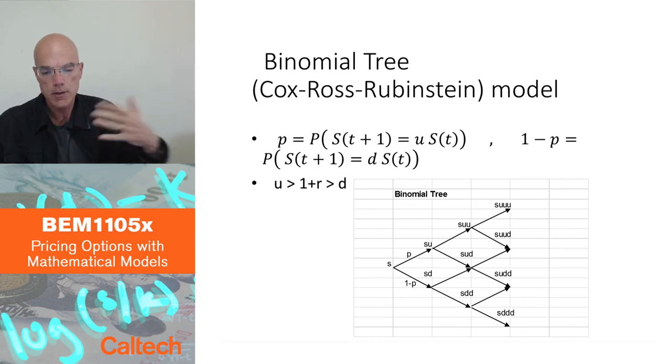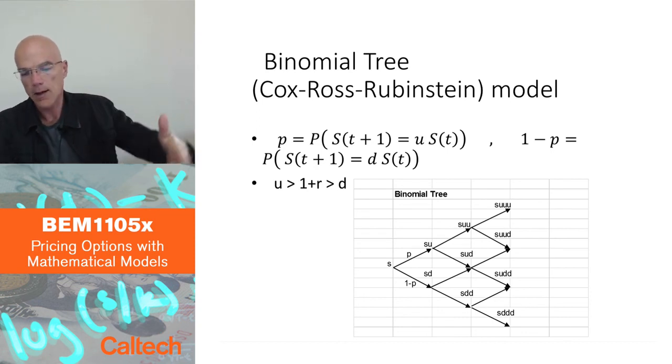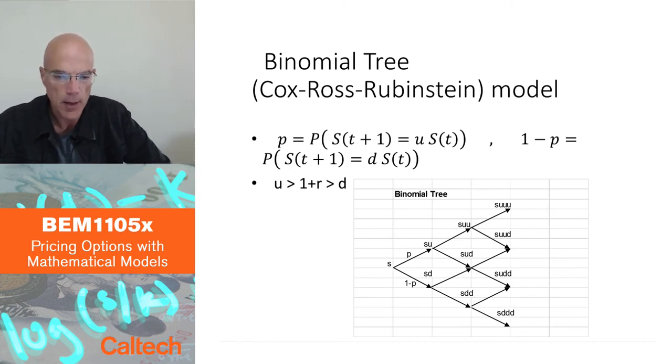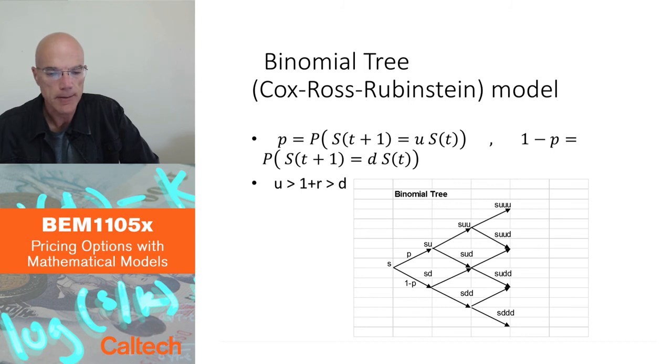So they introduced a simpler model historically after the more complicated model, but that's how it happened. Actually, it's also very helpful. Not only is it simpler for teaching, it's also a way to implement numerically the Black-Scholes model. But we'll talk about that later.